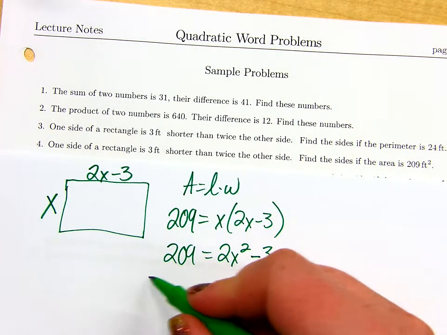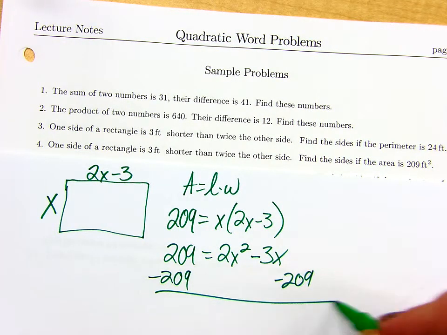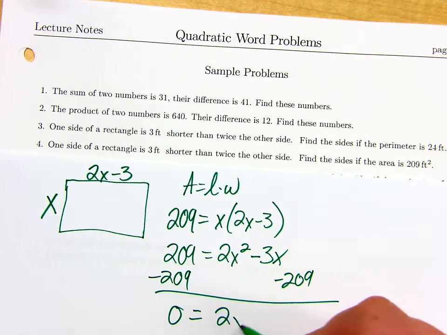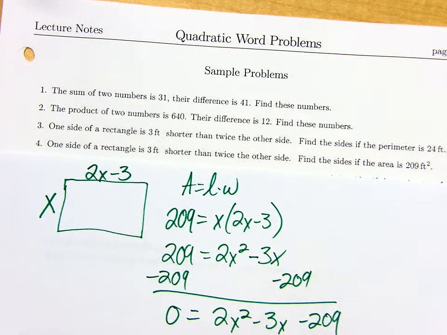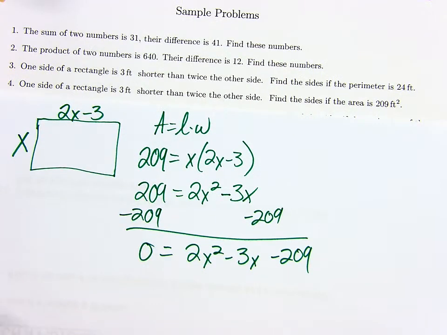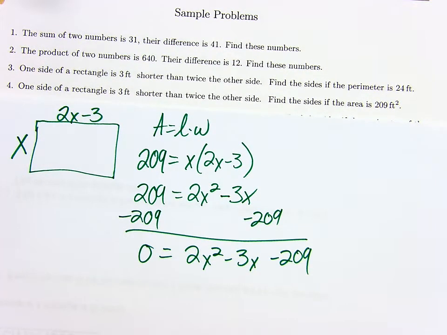Yes, you want it to equal 0, so I need to minus 209 to the other side. Okay, a is not 1, so my life isn't quite as easy. I can't divide everything by 2.